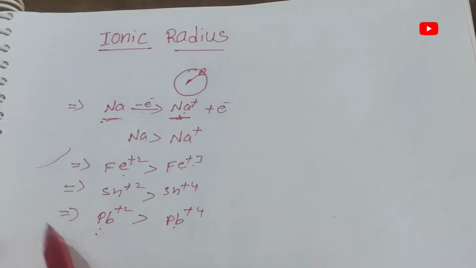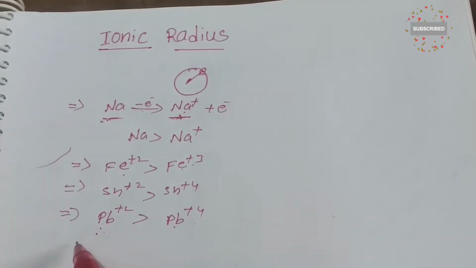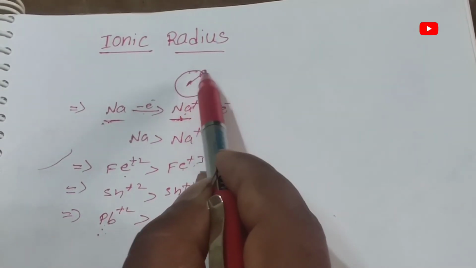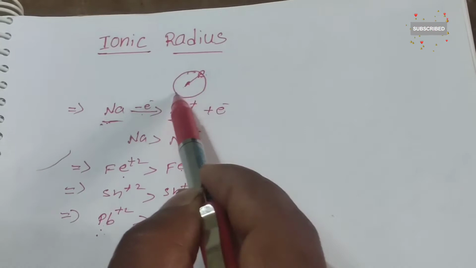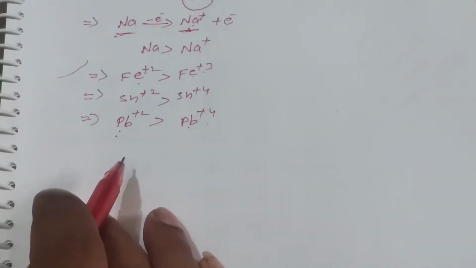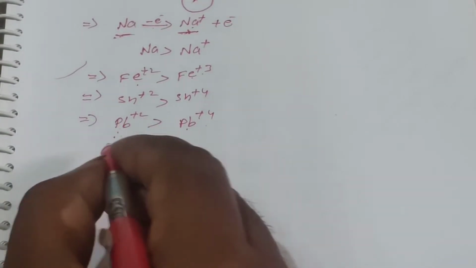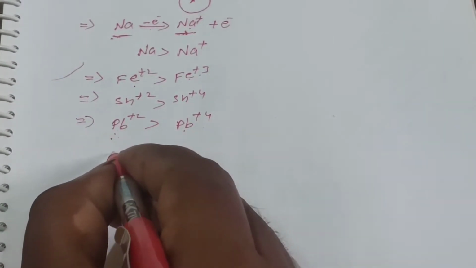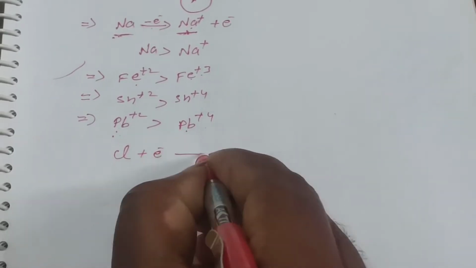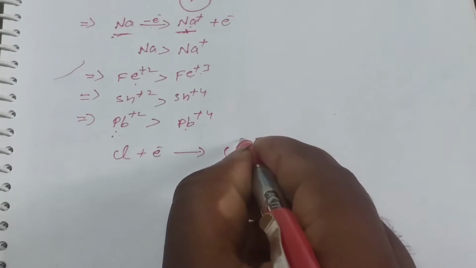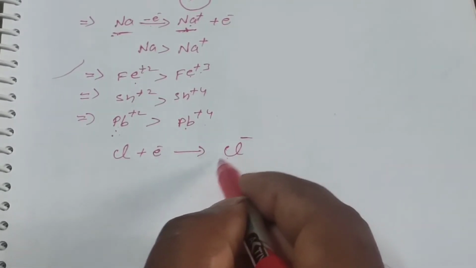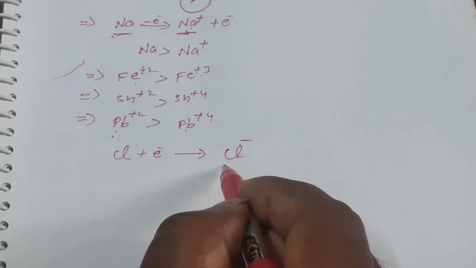Next, the ionic radius of an anion. Here the definition is the same: the distance between the center of the nucleus to the outermost electron or outermost ion is called the ionic radius. Now, when a neutral atom gains one electron, it forms a negative charge, for example a chloride ion.